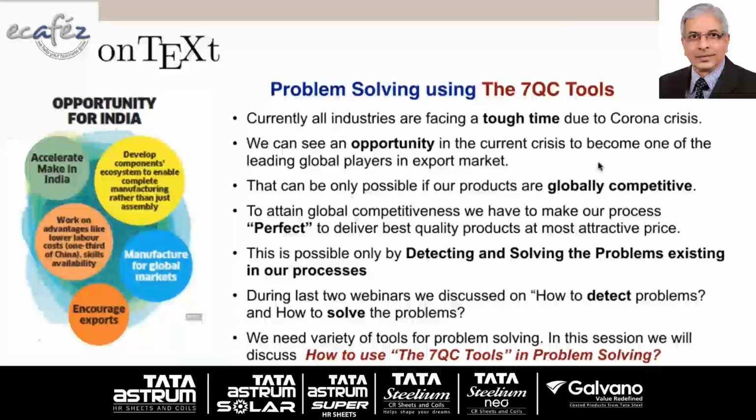Unless the people are competent and skilled in problem solving, we can't produce quality products at competitive prices and deliver just in time. So here we are going to address how to improve quality, cost, and delivery by making people learn the problem solving technique, especially in today's session, how to use the 7 QC tools.